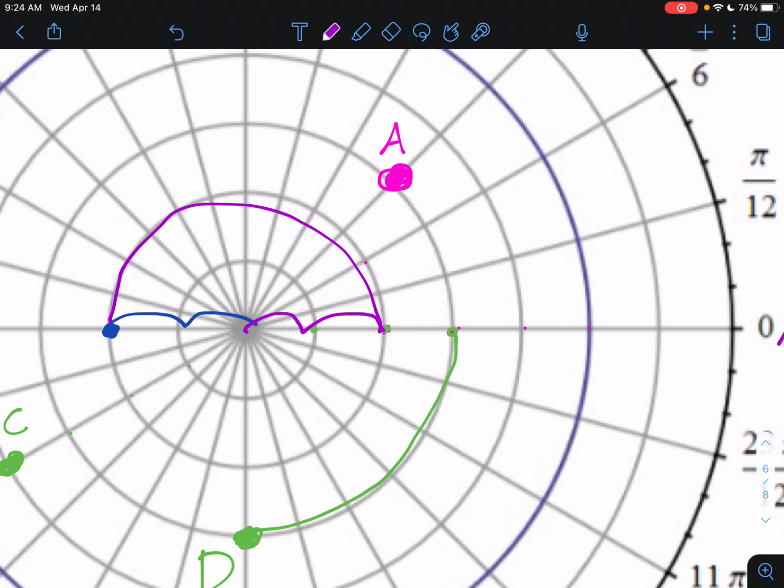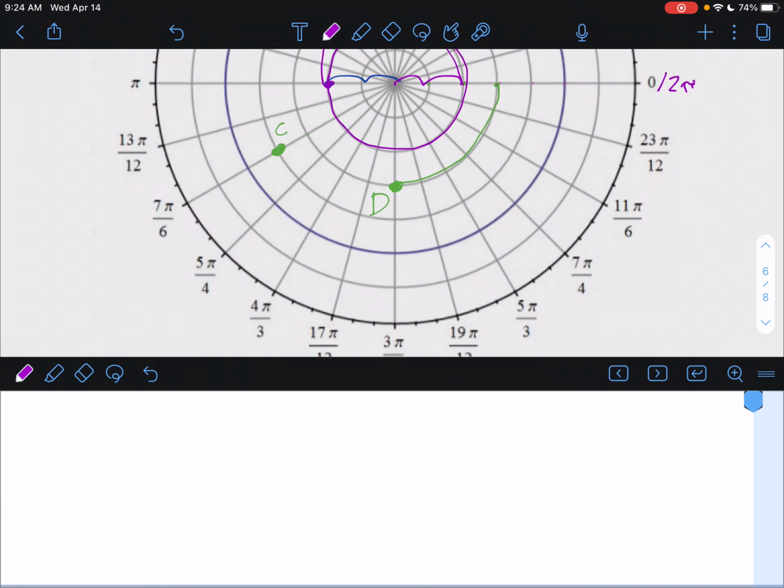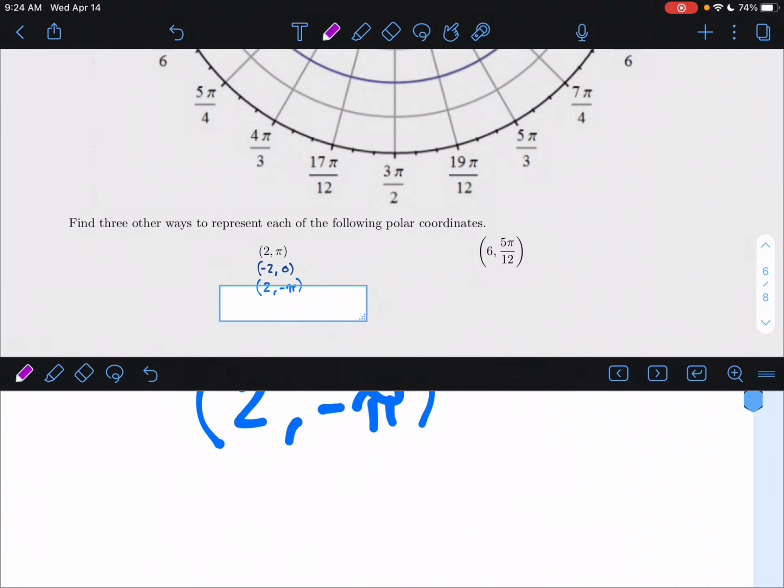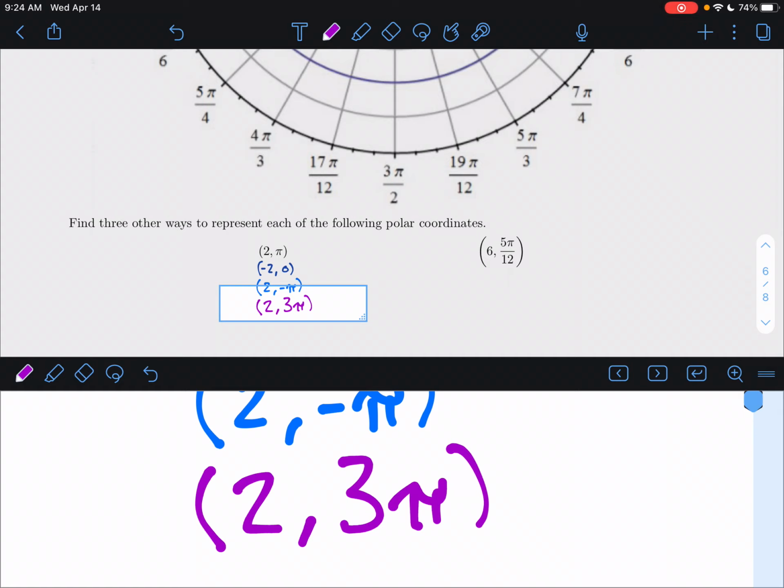That's how I got my (2, pi) as the original polar point. But if I went all the way around again by adding another 2 pi, that's pi plus 2 pi, which is 3 pi. So I could rewrite this as (2, 3 pi).